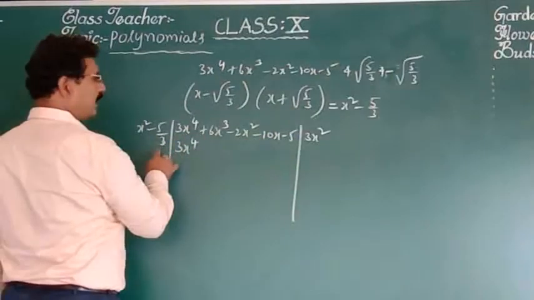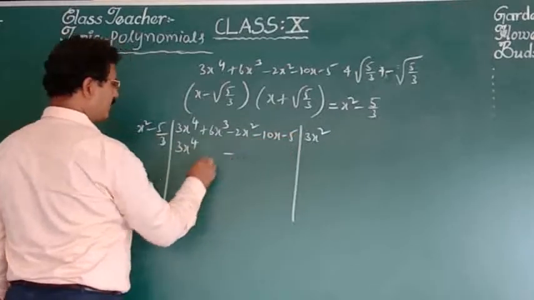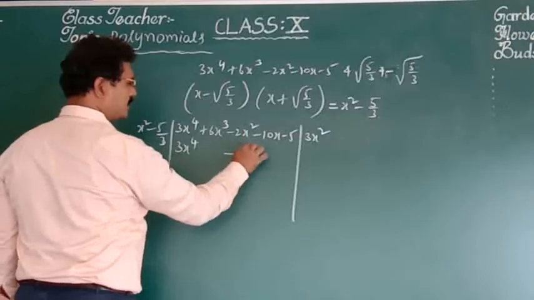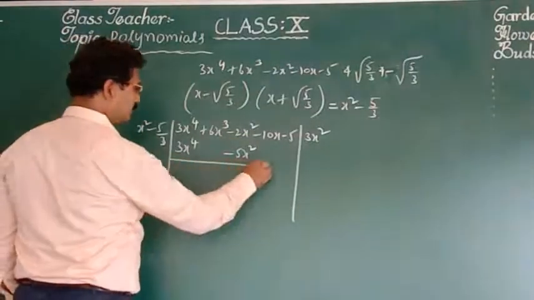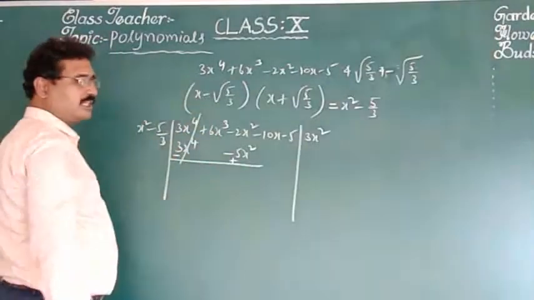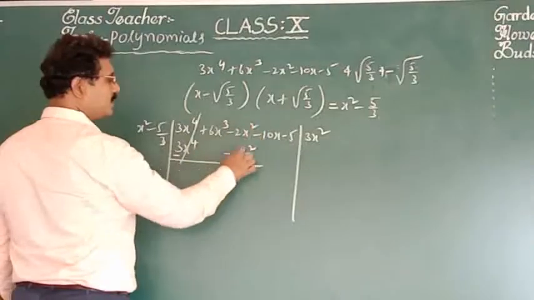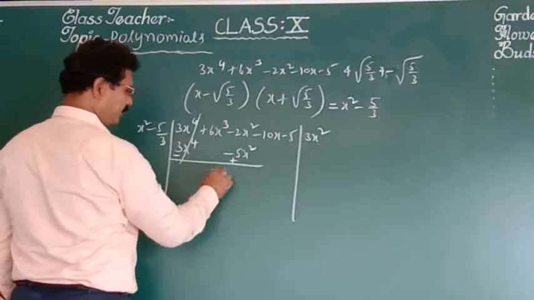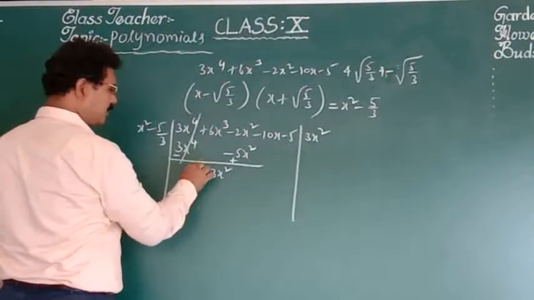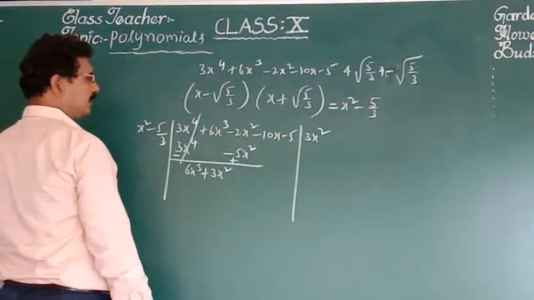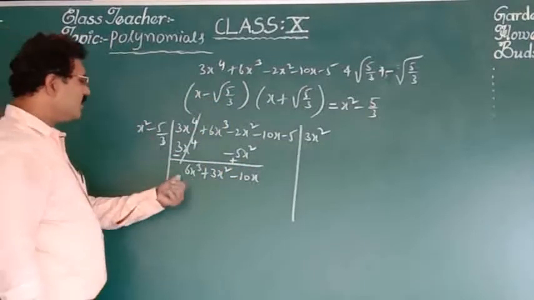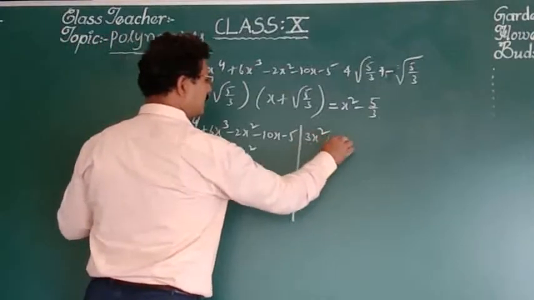Then minus 5 by 3 into 3, the 3 gets cancelled, it becomes 5x square, with sign changed to plus. 3x power 4 cancels. Minus 2x square plus 5x square is 3x square. Already there is 6x cube, and bring down minus 10x. Now x square into 6x gives 6x cube.